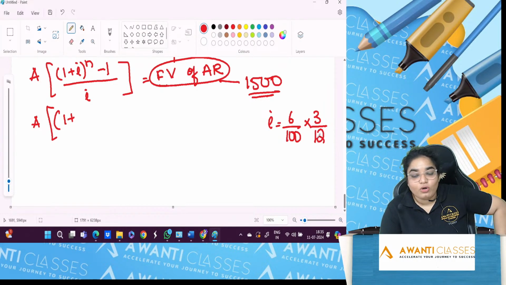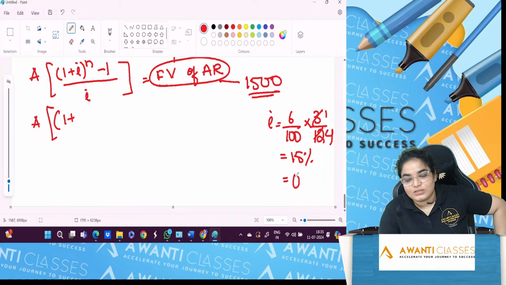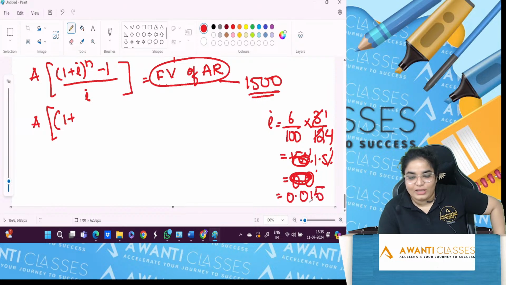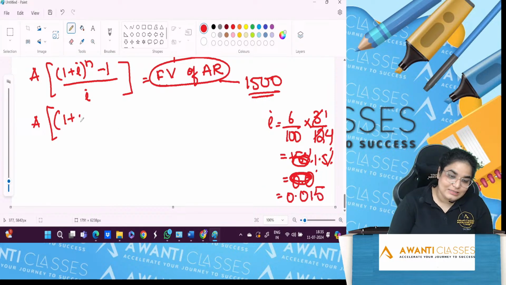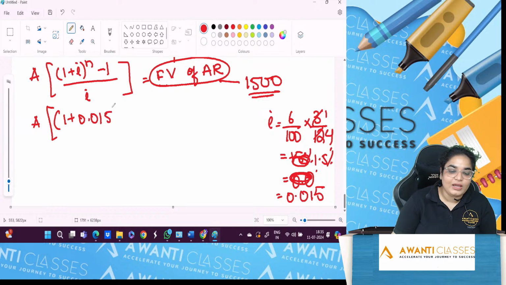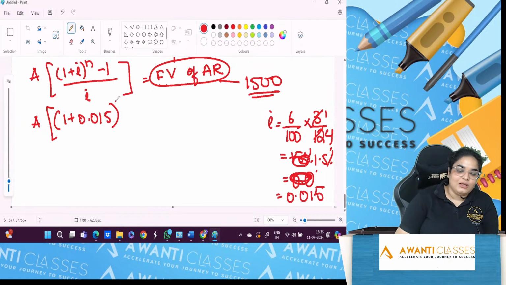Because it is 4 times in 1 year, it has to be 1 by 4, which will be equal to 1.5%, which will be equal to 0.015. So this will be 1 plus 0.015 to the power of how many times? 3 years into 4 times every year.